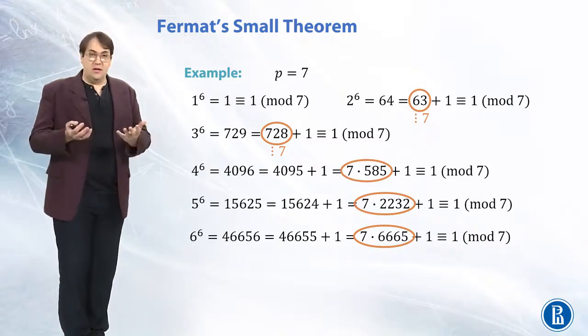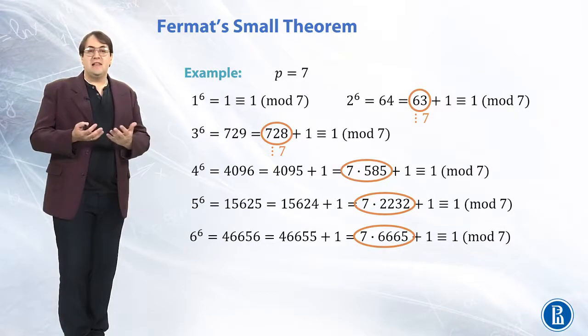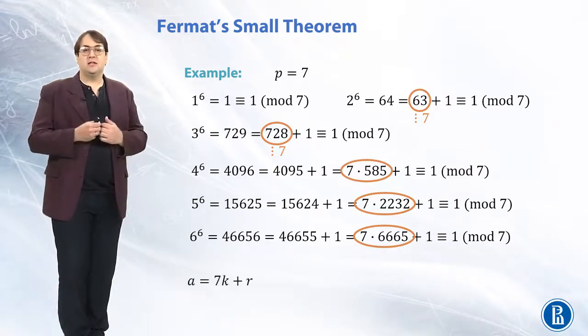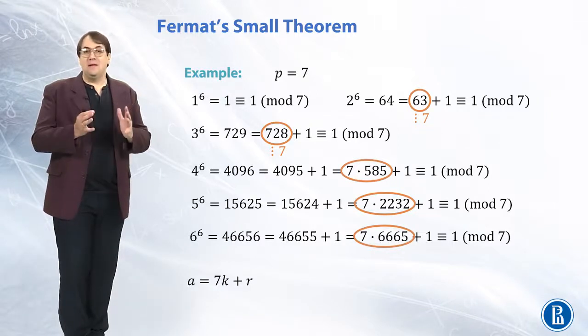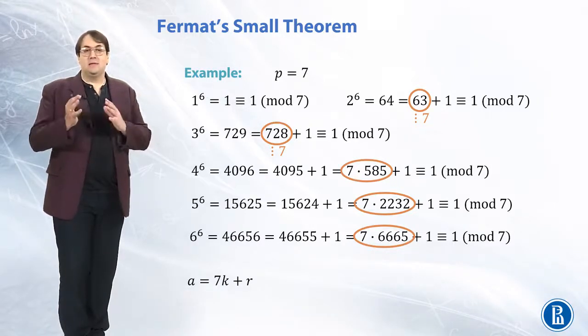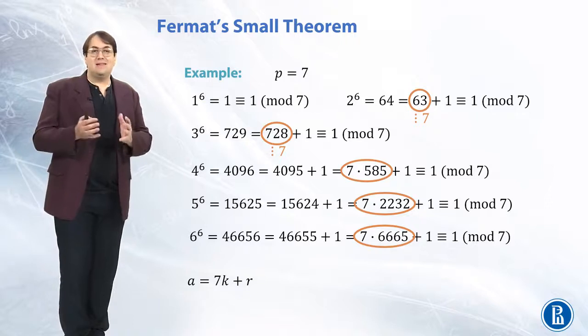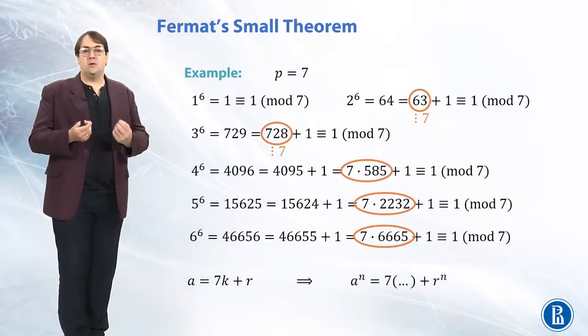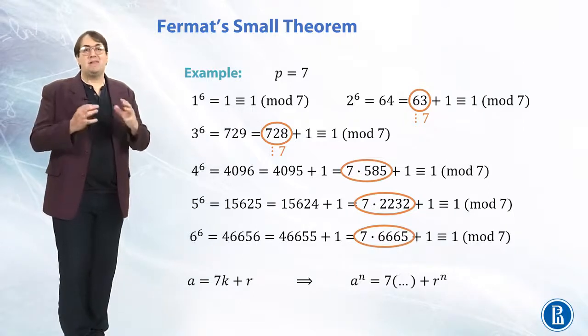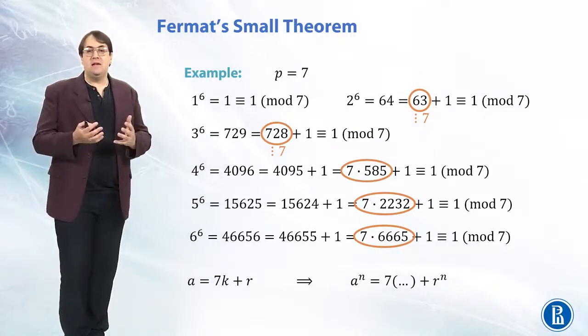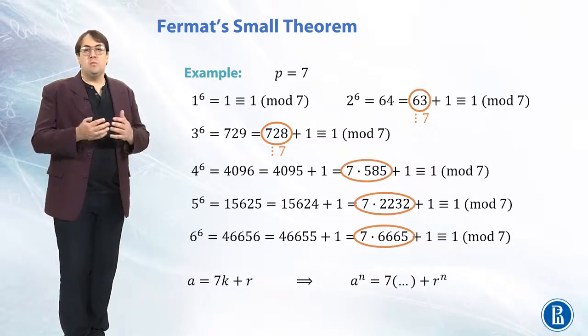What about all the other integers? Well, we understand that all integers can be represented in the form something divisible by 7 plus remainder. And when raised to an arbitrary power n, we also have something divisible by 7 plus this remainder to the power n.